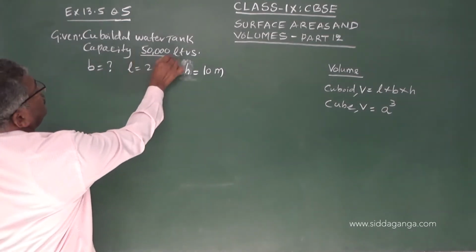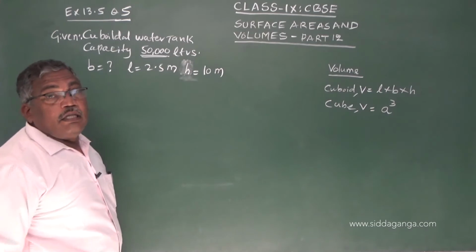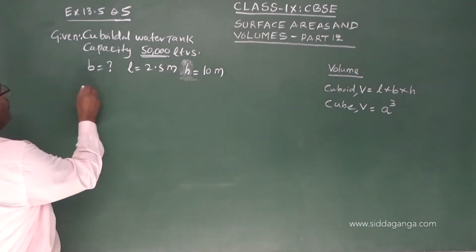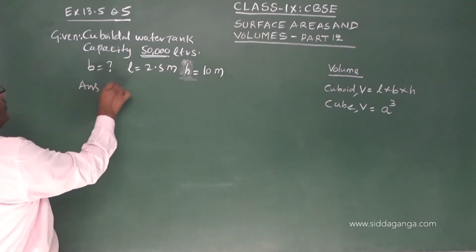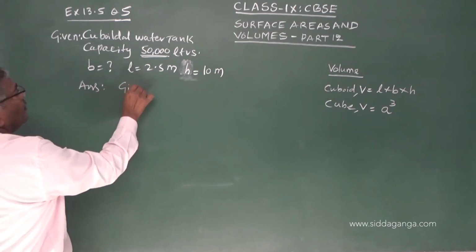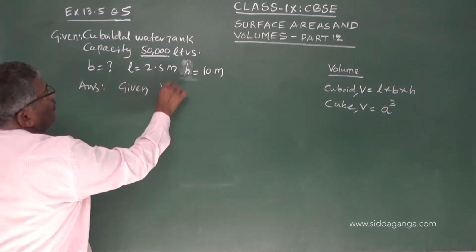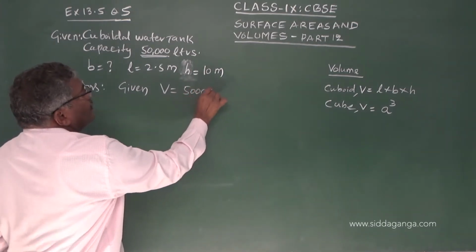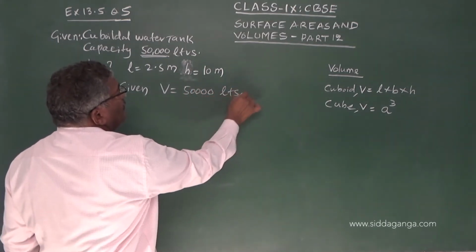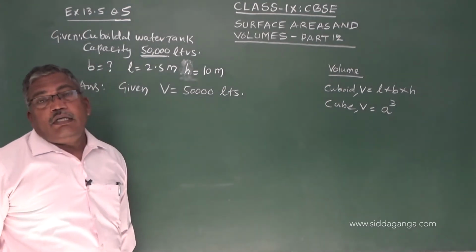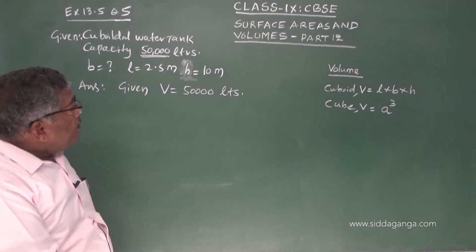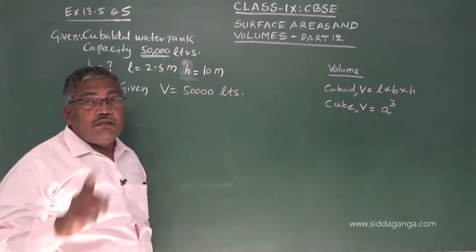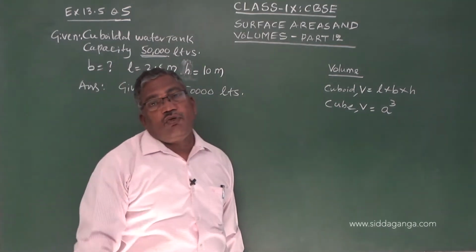So, this value is the volume. Given: volume is equal to 50,000 liters. So, we know that 1000 liters is 1 meter cube.